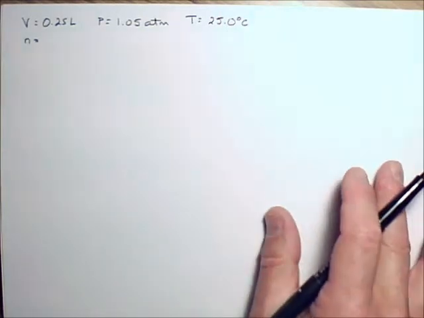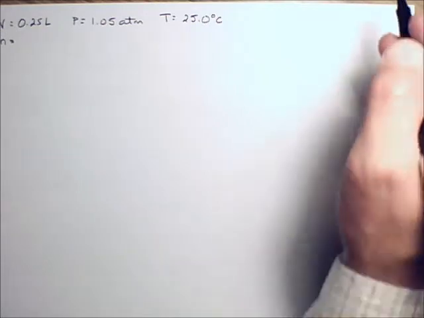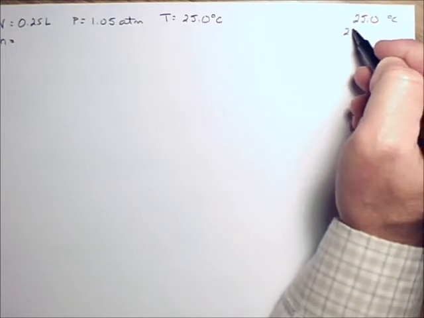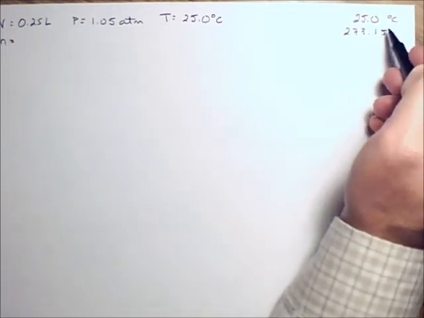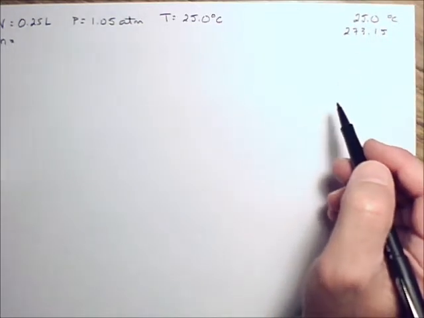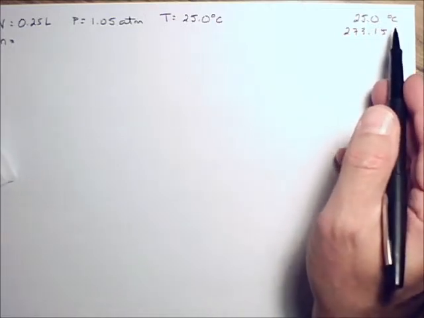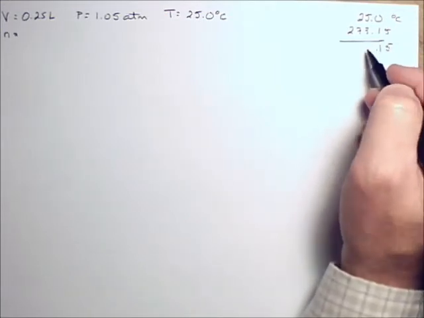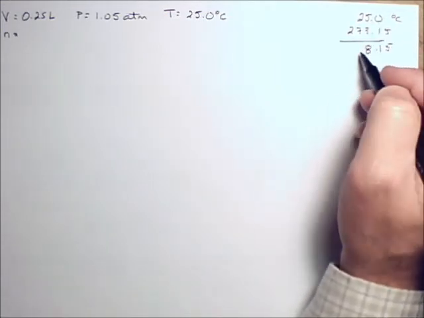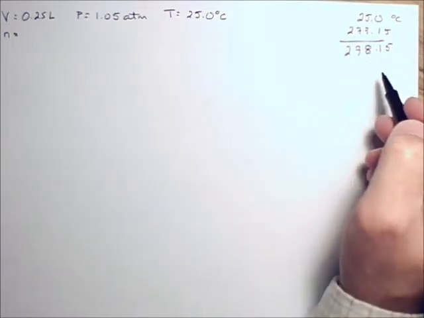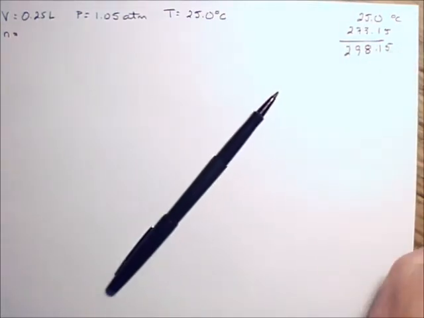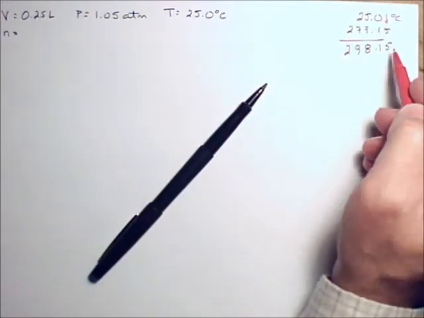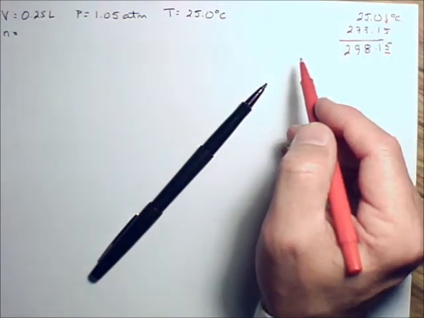Now, for temperature, we can't use degrees C. We have to take this 25 degrees C and add 273.15 to it to get the Kelvin temperature. Gas laws can never be solved in degrees C. That gives 298.15, and we have a digit that's added to some empty slot, so we have to round off that last digit.